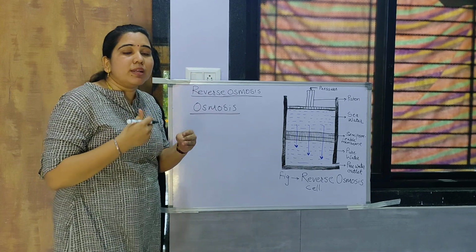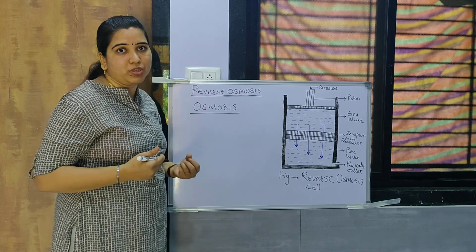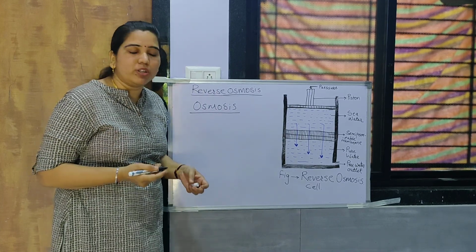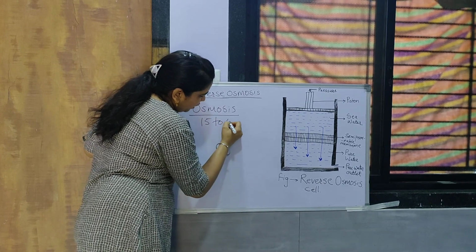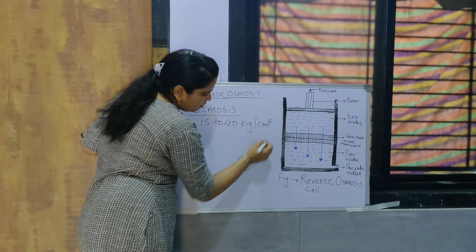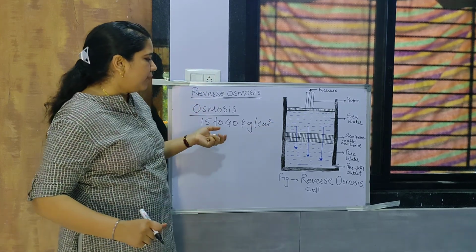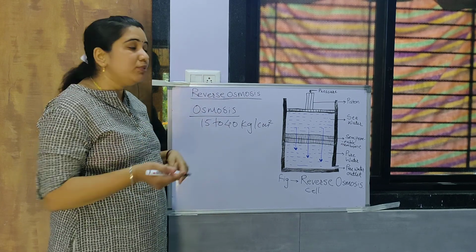Just in excess of osmotic pressure we have to use a hydrostatic pressure, and where there is sea water, this hydrostatic pressure is from 15 to 40 kg per square centimeter. Such a large pressure is to be used to clean that particular water, or carry out the filtration.